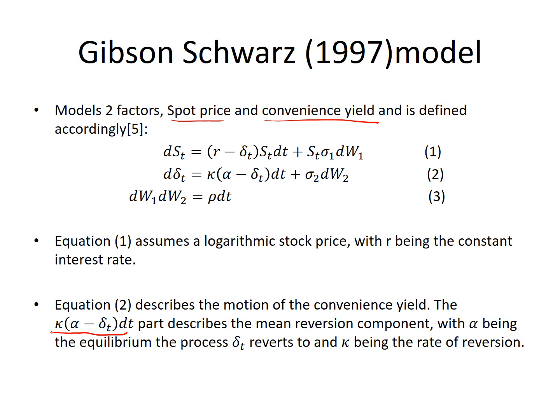Now, what would happen is if we were to ignore, in equation 2, this bit here and integrate this bit here and take the limit as t approaches T, we would see that our function will approach alpha.